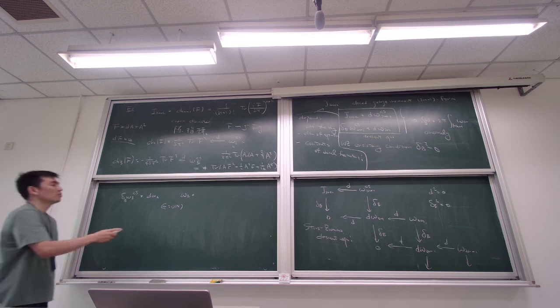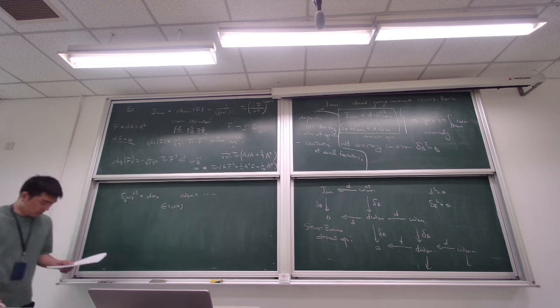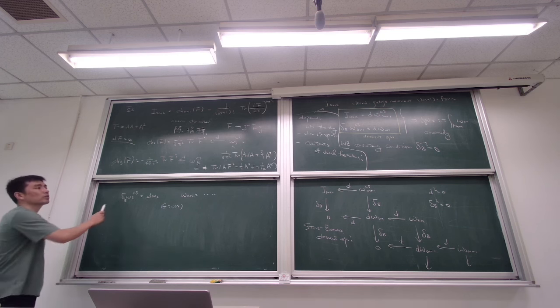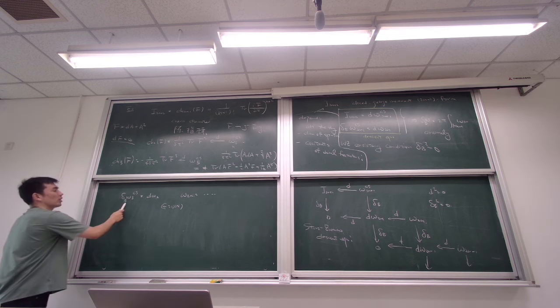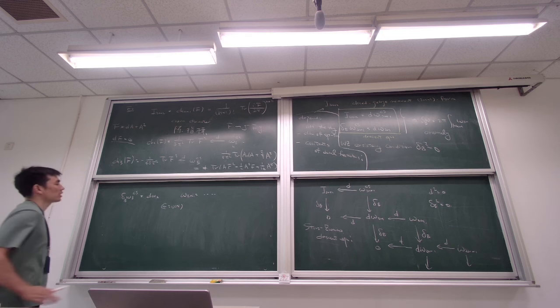Okay, so the general expression for omega 2n is written in the lecture note. You can do that. If you solve this one explicitly, you will obtain omega 2n. I'm not going to do that. I don't want to waste your time, because this one should be related to the anomaly inflow action, and to get the action from d omega 2, it's better not to do it at this moment.